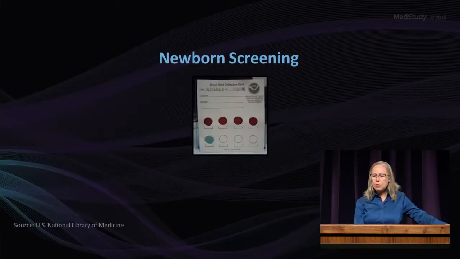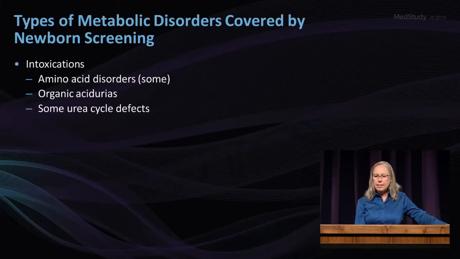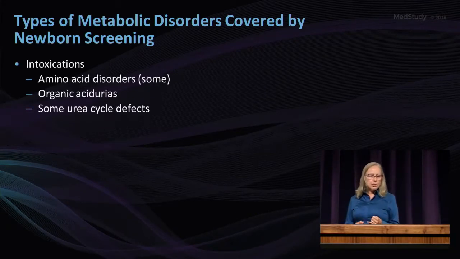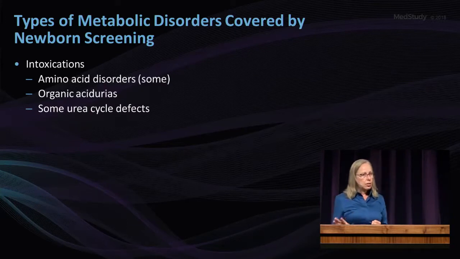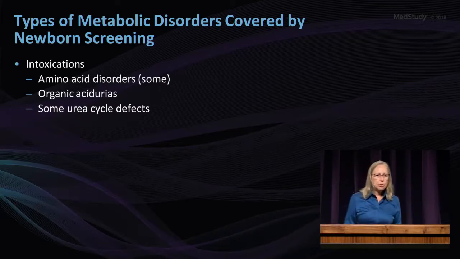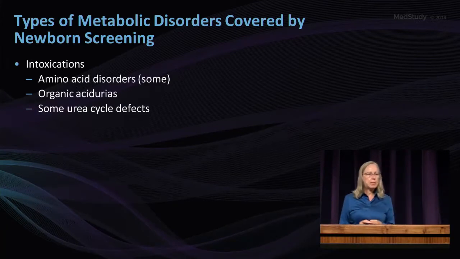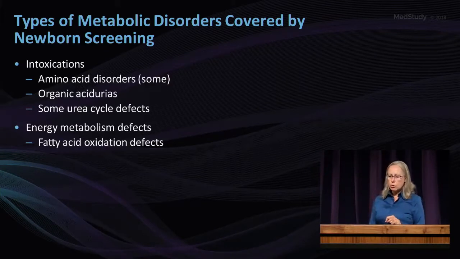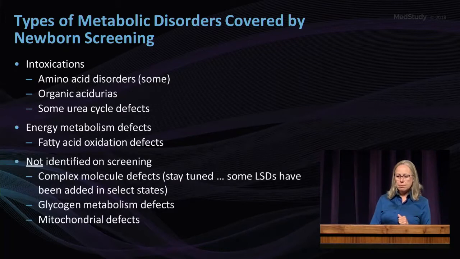All right, we're down to newborn screening. What can we screen for on newborn screening? Intoxications, the amino acid disorders, some but not all, organic acidurias, and some of the urea cycle defects because you're getting abnormalities in your amino acids. Energy metabolism defects, the fatty acid oxidation disorders, are perfect for this.